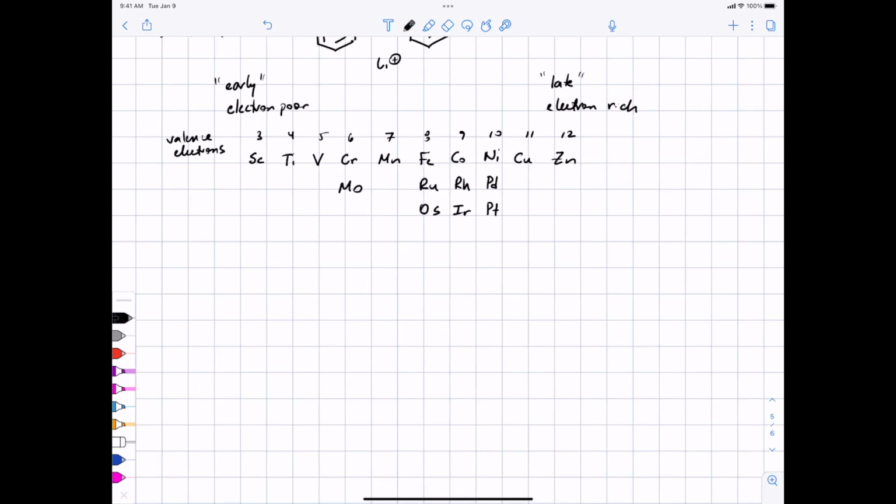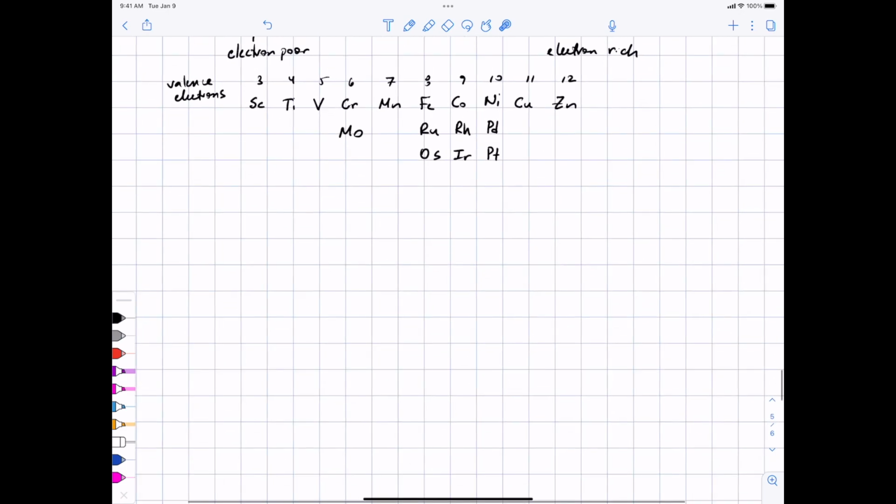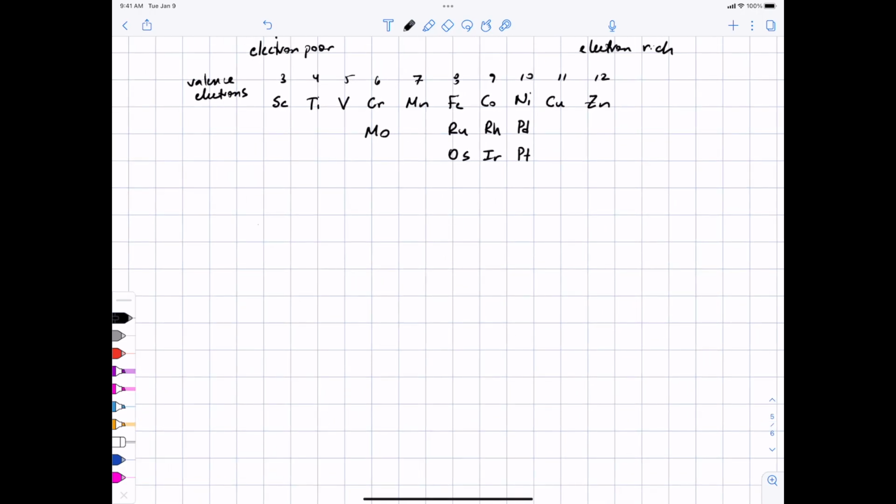So let me give you an example. We're going to come back to this reaction where the cuprate does this coupling reaction with the vinyl bromide. But before we do that, we need to know a little bit about transition metal complexes. So I'm going to show you one. This is palladium, and it's going to be bonded to 4 triphenylphosphine groups.